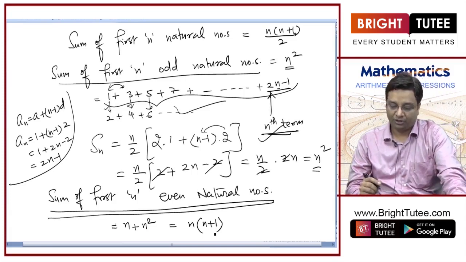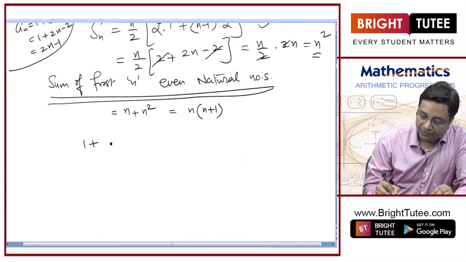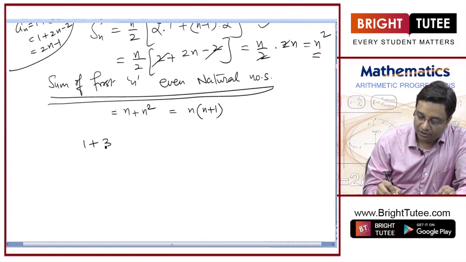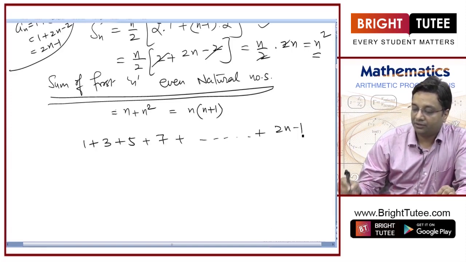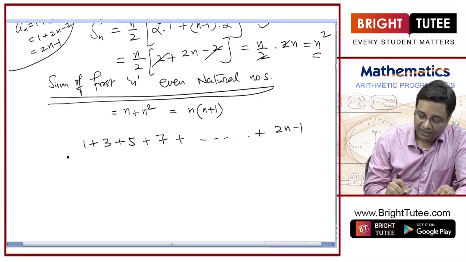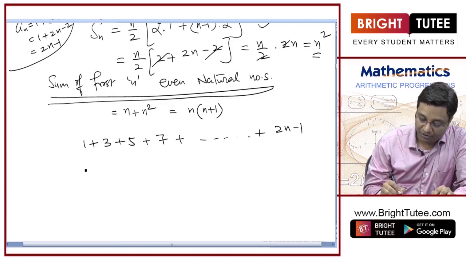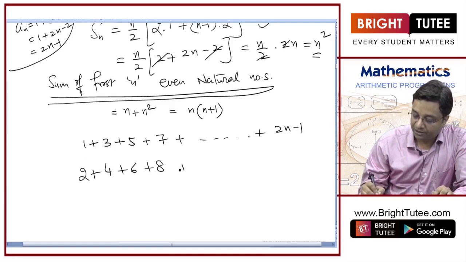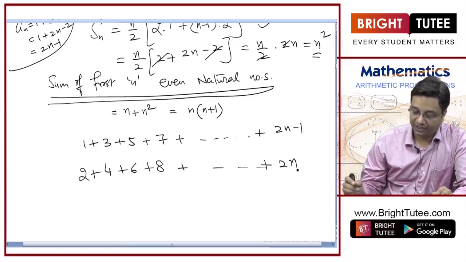Let me explain it one more time. What was the first n odd natural numbers? 1 plus 3 plus 5 plus 7 plus up to 2n minus 1, right? Now I want to calculate sum of first n even natural numbers, which will be 2 plus 4 plus 6 plus 8 plus up to nth even natural number will be 2n, right?